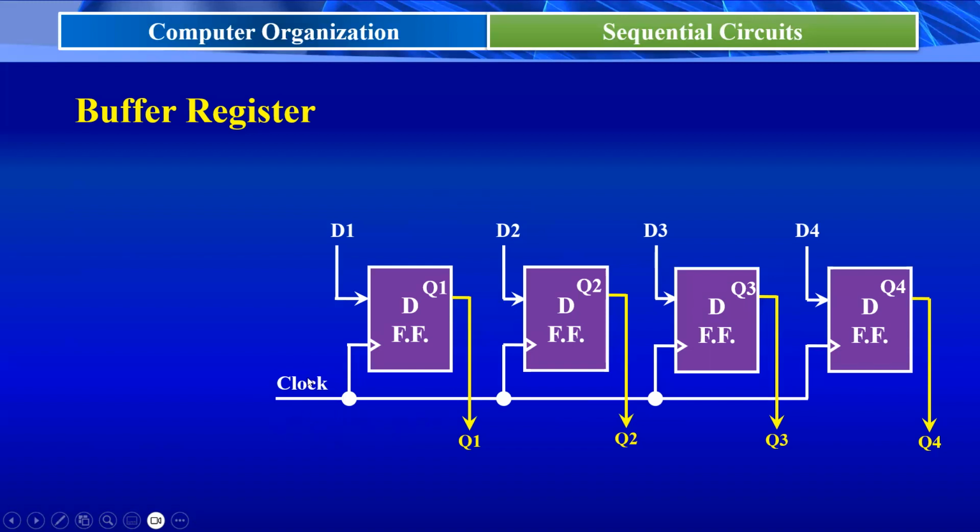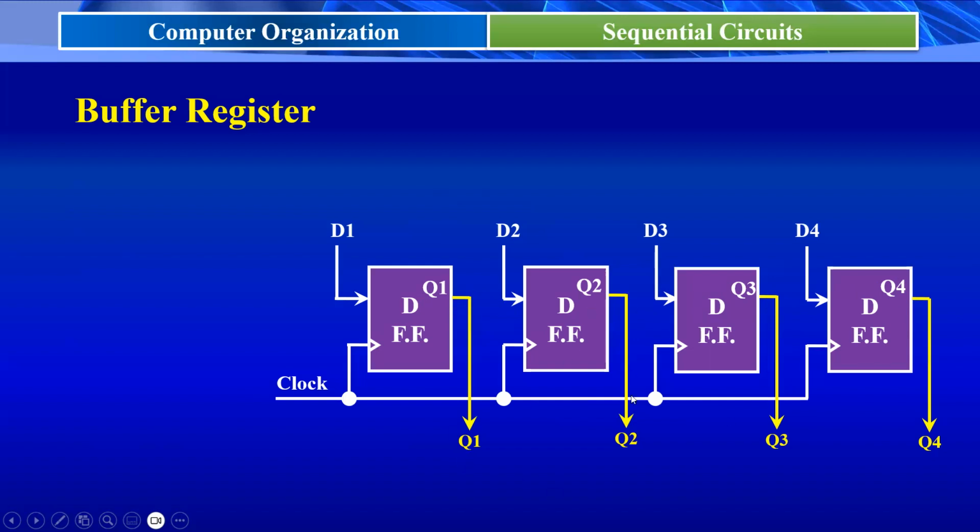Once we apply this clock signal to all these D flip-flops simultaneously, whatever inputs those D flip-flops have are simply accepted and sent to their outputs. That is, if you apply a clock pulse here, the values present on these data lines, D1, D2, D3, D4, which are the data inputs of these D flip-flops, simply reach the outputs of the D flip-flops, that is Q1, Q2, Q3, Q4.